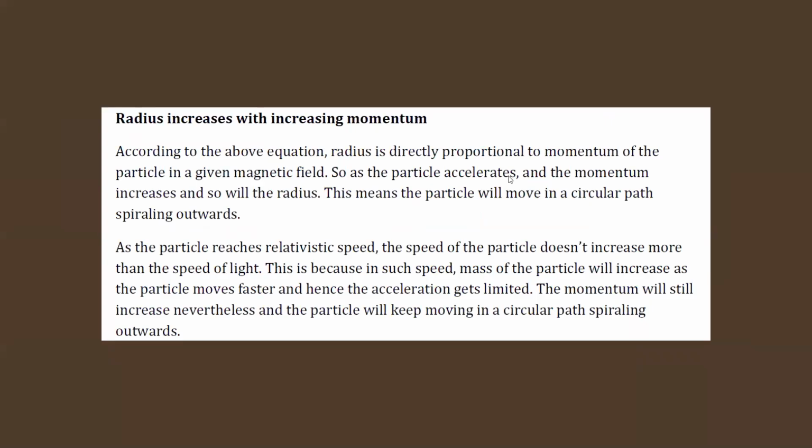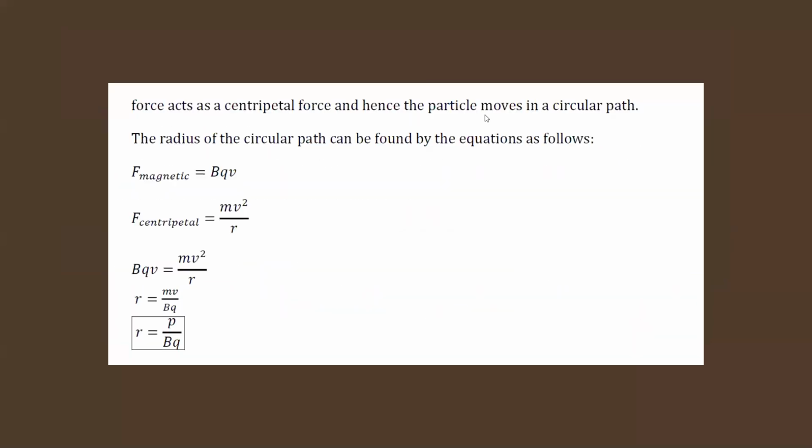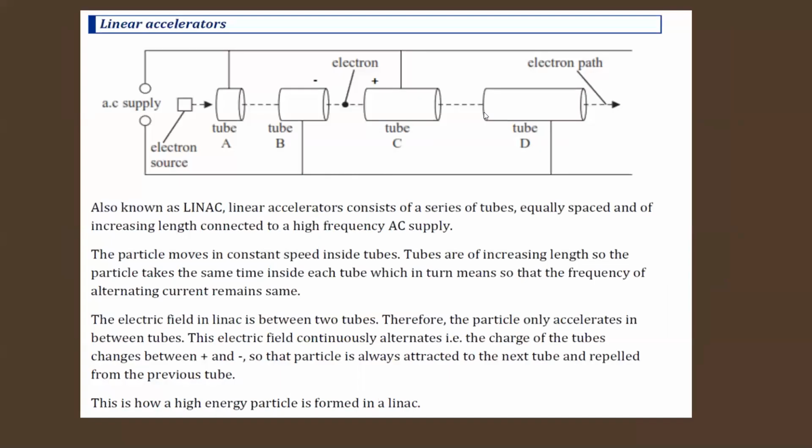Another type of particle accelerator is known as the cyclotron. In a cyclotron, we use both electric field and magnetic field. In a linear particle accelerator, or LINAC, we only use an electric field to accelerate, and this linear accelerator should be several kilometers long to accelerate the particle to kilovolts.